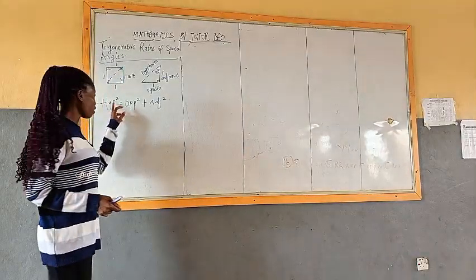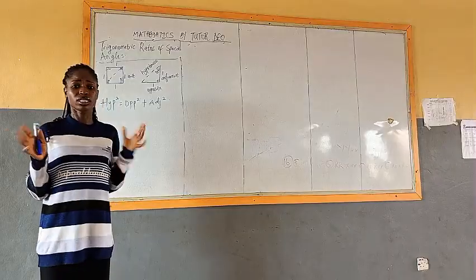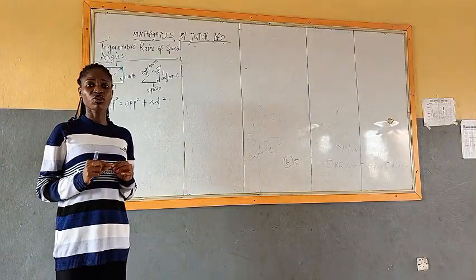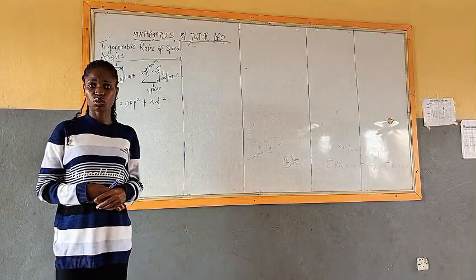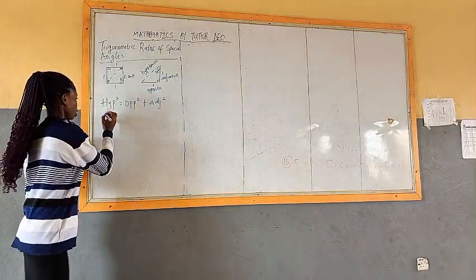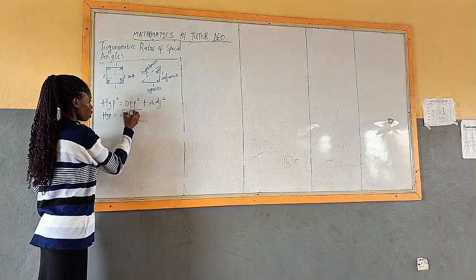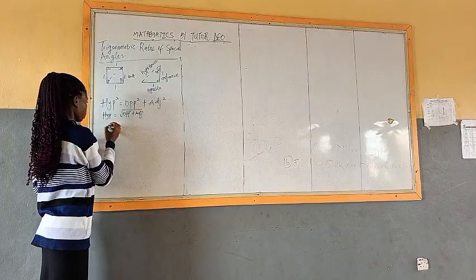So here now we have hypotenuse square, but we are looking for the hypotenuse only, not the hypotenuse square. So what do we do? We remove that square by taking it to the other side, and it becomes a square root. Hypotenuse equals the square root of opposite square plus adjacent square.